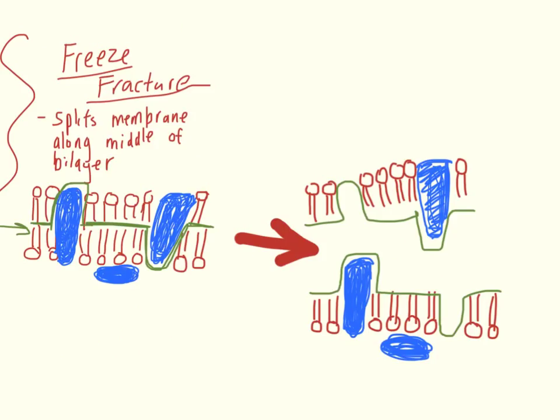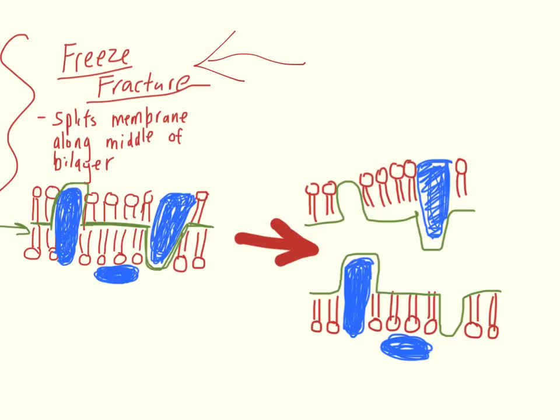So what is the evidence behind the fluid mosaic model? How do we know that it's actually a bilayer, and how do you know that they're actually proteins? Well, there's a technique you can use. It's called freeze fracture. What you do is you freeze the cell and you fracture it with a knife.